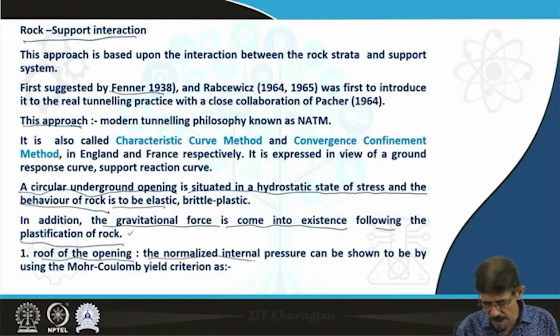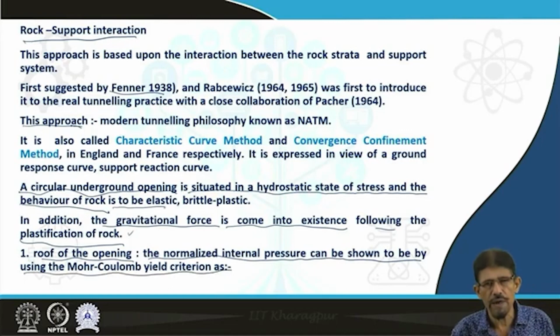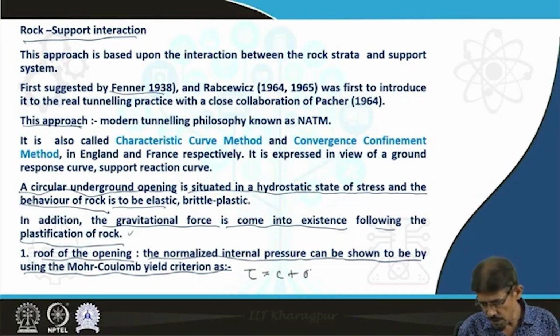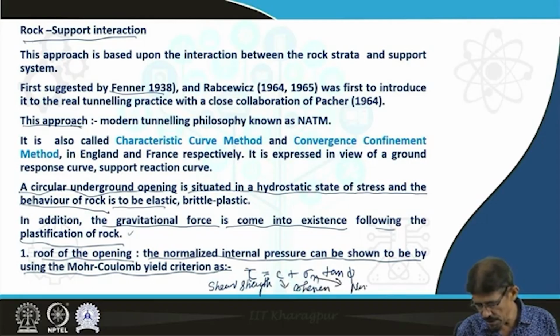The normalized internal pressure can be shown by using Mohr-Coulomb's criteria. Classical Mohr-Coulomb's criteria: tau is equal to C plus sigma n tan phi, where tau is representing shear strength or shear stress, C is representing cohesion, sigma n is a normal stress, and phi is angle of internal friction.